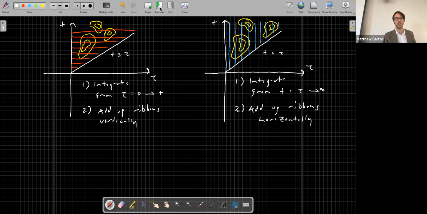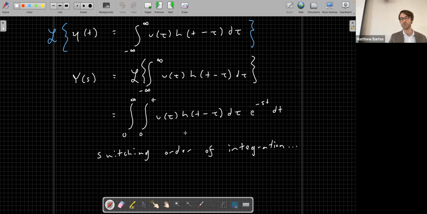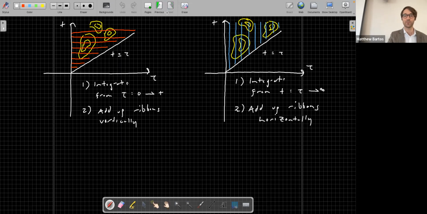Okay, so let's apply that logic here. We're going to switch the order of integration from d tau and then dt to dt and then d tau. So switching the order of integration, instead of tau from 0 to t, we now go from t = tau to infinity and then tau from 0 to infinity.